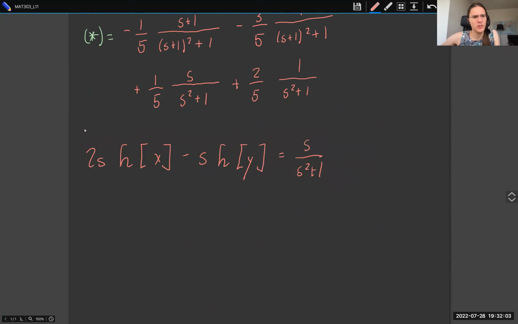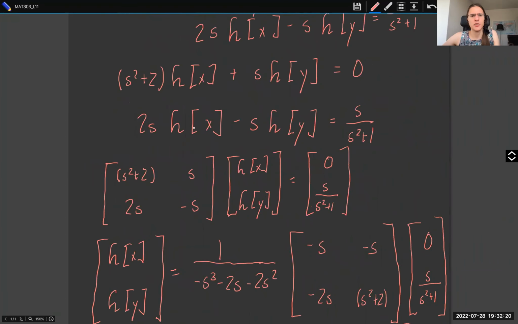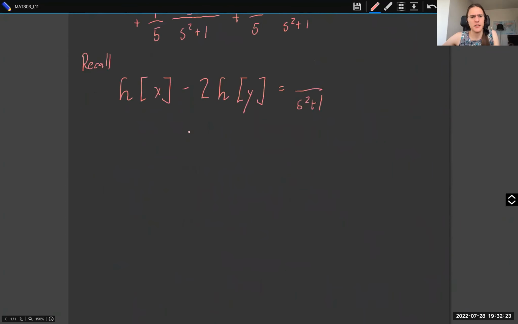So recall, let's divide everything by S just to clean this up. So I believe there was a 2 here. Let's just see if I'm doing that right. No, the 2 was n here, in fact.